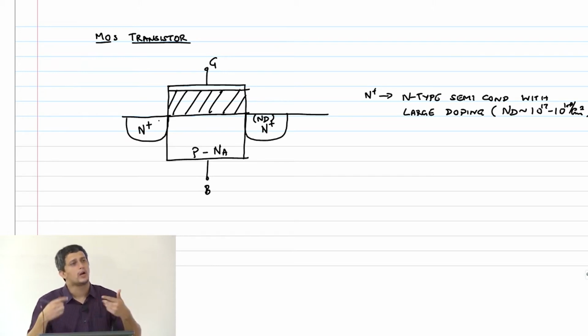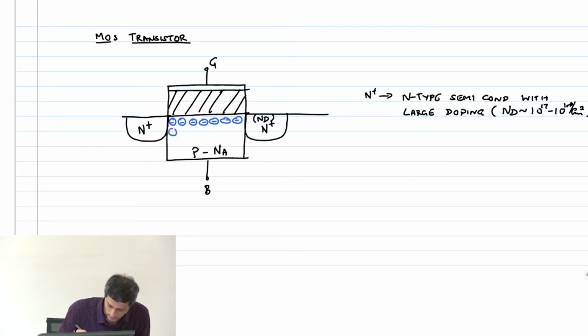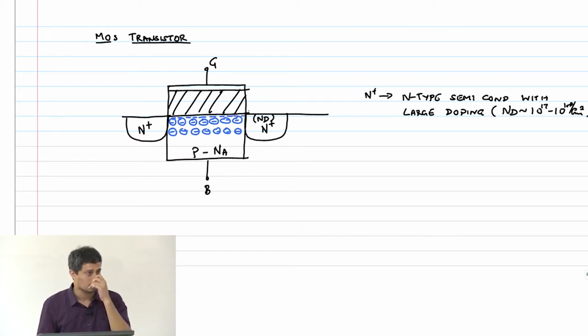So now I go ahead and do the same exercise. I apply a large enough potential. I am able to invert the channel by first creating immobile charge carriers here, and I am also able to simultaneously generate some free electrons with some concentration out there.